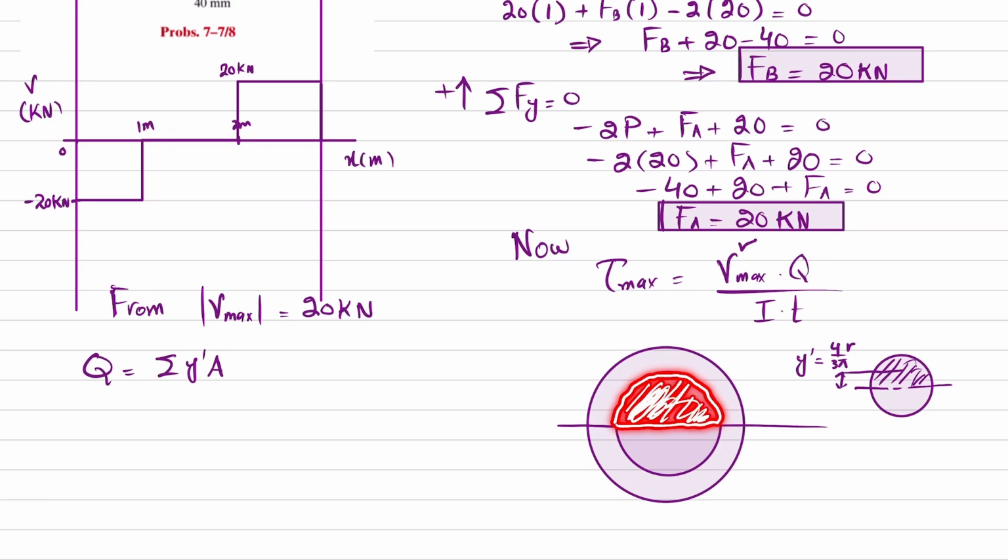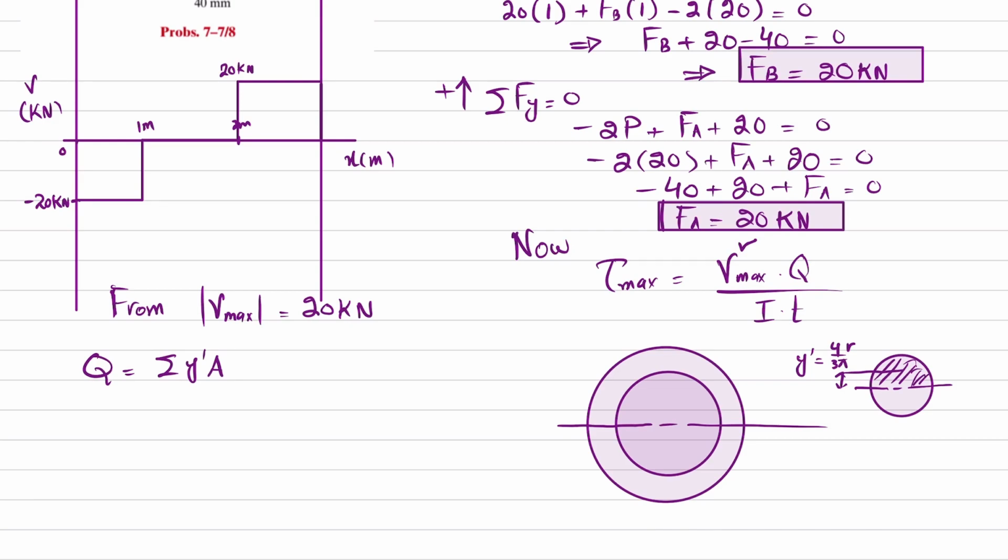Q1 will be for this whole one, and Q2 will be for this one. So Q1 minus Q2 will be only for this portion, this pipe portion. So let's move and solve this.